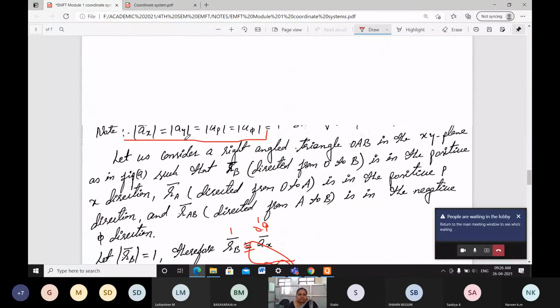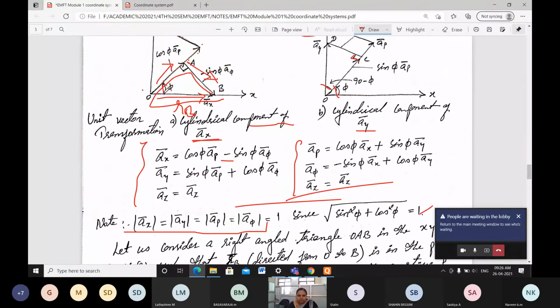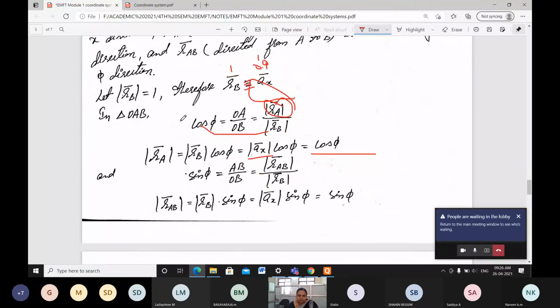But for the same angle, in terms of sine it is opposite to adjacent. AB divided by OB is going to be RAB divided by RB. Again RAB is going to be RB sin phi, that is AX, already we had taken, into sin phi. Again AX is going to be 1, and you will be getting sin phi.